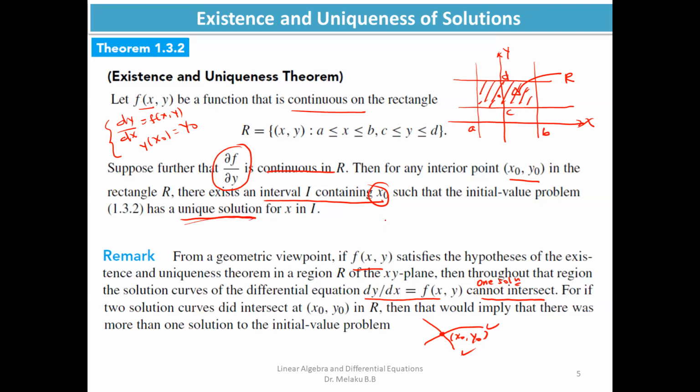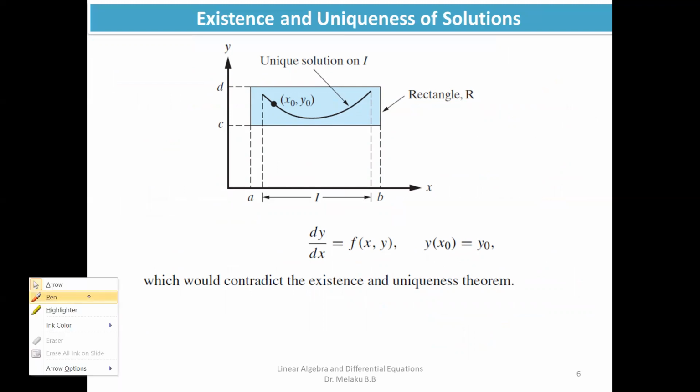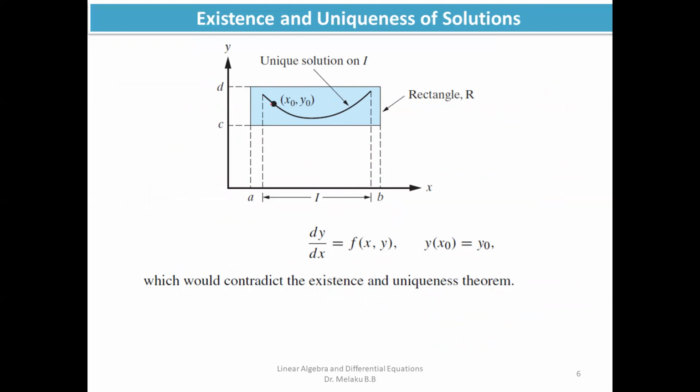Therefore, in the rectangle, we need to find only one curve that contains the point x naught, y naught. Like this, this one is the rectangle. Here we have A, B, C, D, and we need to have only one curve that contains x naught, y naught. If we have more than one, which means we will have two curves, and that will be treated as not unique.